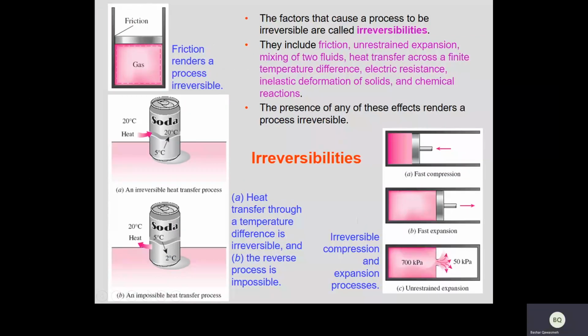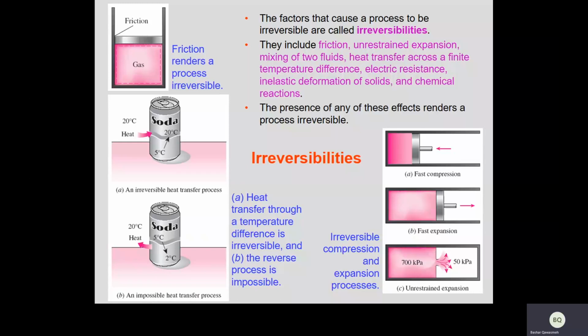Now, what causes a process to be irreversible? We call these factors irreversibilities. So the irreversibilities are the factors that cause a process to be irreversible. They include friction, unrestrained expansion, mixing of two fluids, heat transfer across a finite temperature difference, electric resistance, elastic deformation of solids, and chemical reactions. Not limited to these.